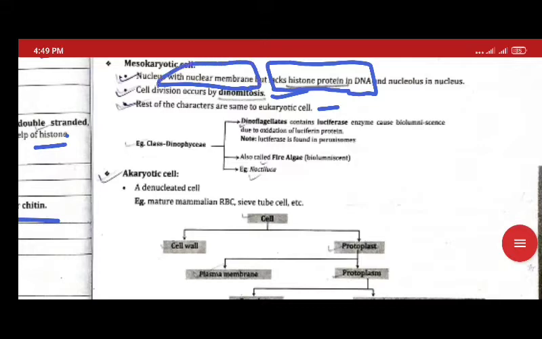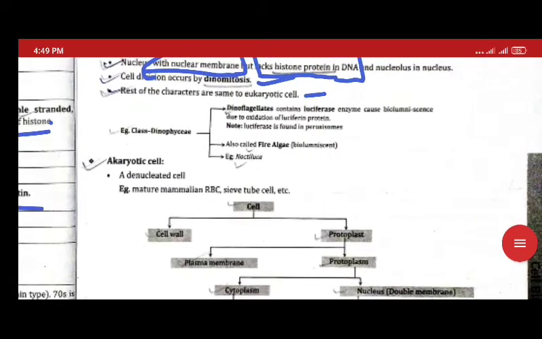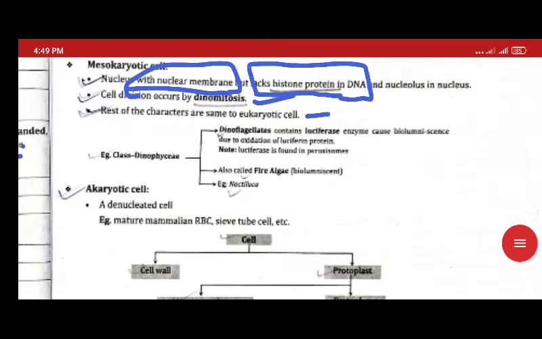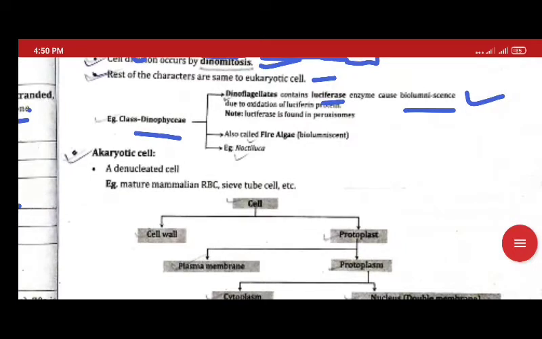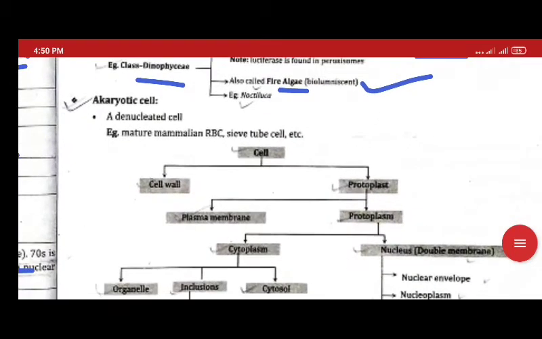So the cover is present, but histone protein is absent in DNA. Now an example is dinophyceae. So these contain organisms like dinoflagellates, which contain luciferase enzymes for bioluminescence. So bioluminescence is that emitting light, so it is called what? Fire algae.